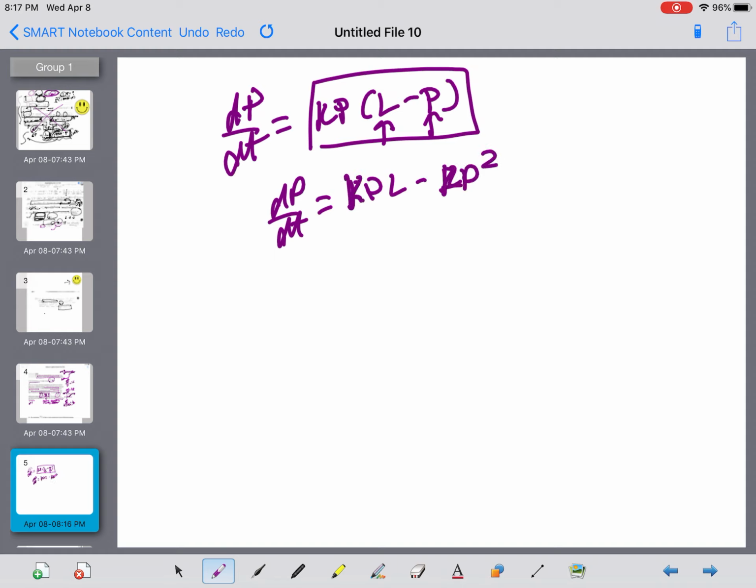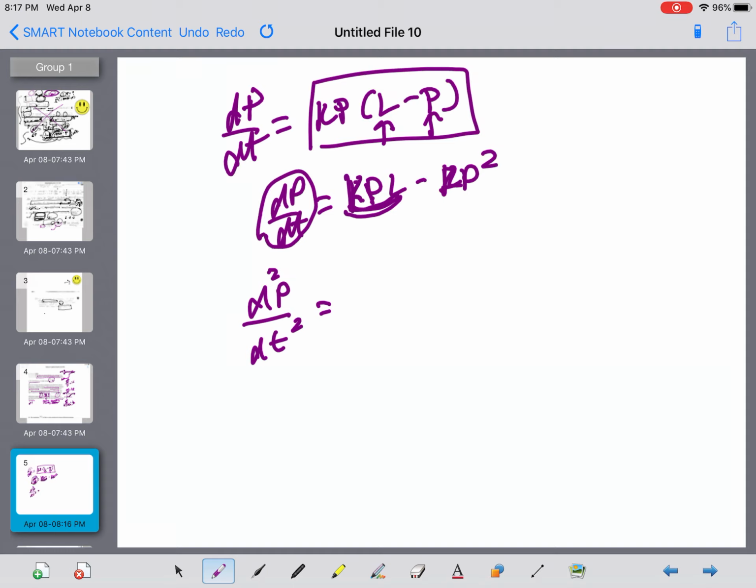Let's go back to some things we did earlier in the year. I'm going to now take the second derivative of that. Okay. All right, now at first it looks like if my variable's P, that the derivative of that would be kL. But notice every time I take the derivative of P, P prime is really dP/dt.